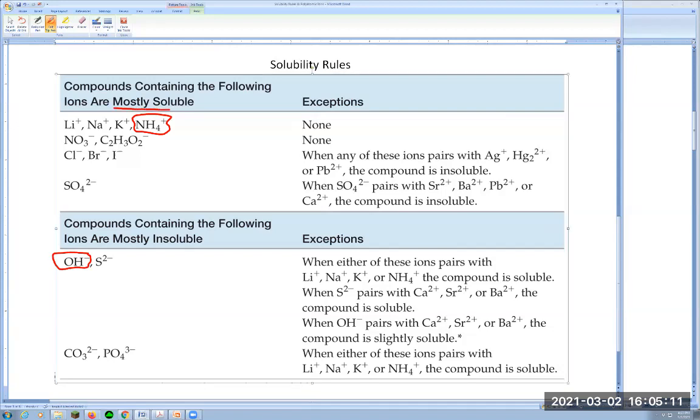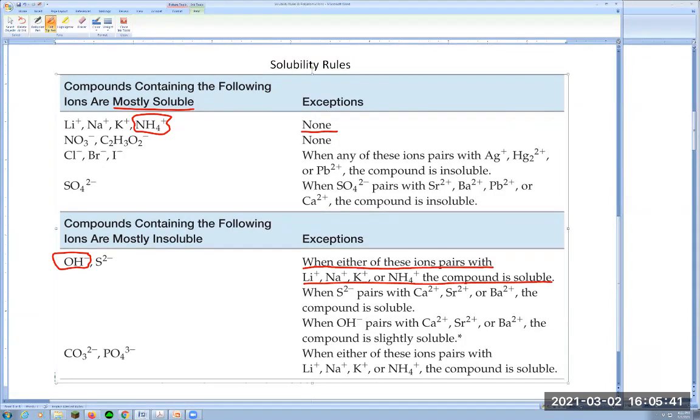So it makes mostly soluble compounds. And let's look at the exceptions. There is no exception. Ammonium always makes soluble compounds. So even though the hydroxide mostly makes insoluble compounds, let's verify that: when either of these ions, the sulfide or the hydroxide, pairs with lithium, sodium, potassium, or ammonium, the compound is soluble.